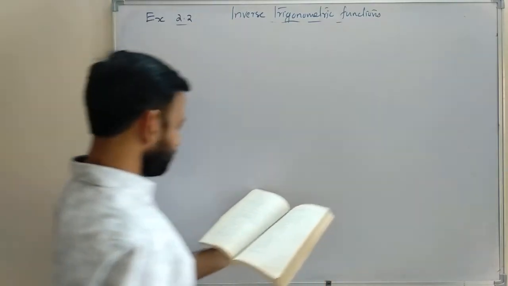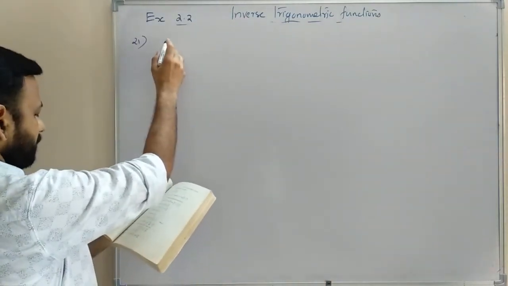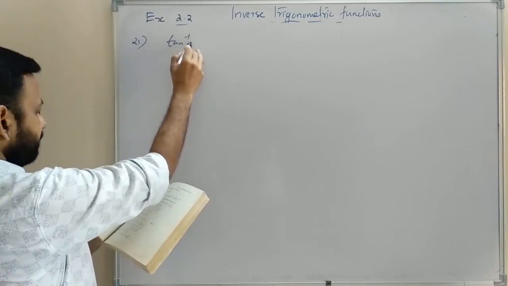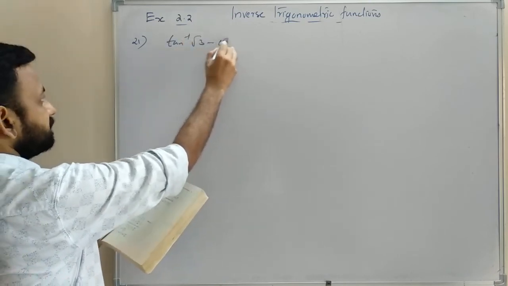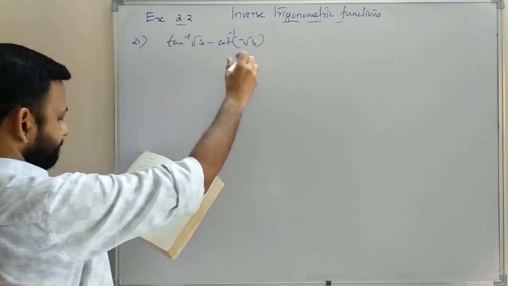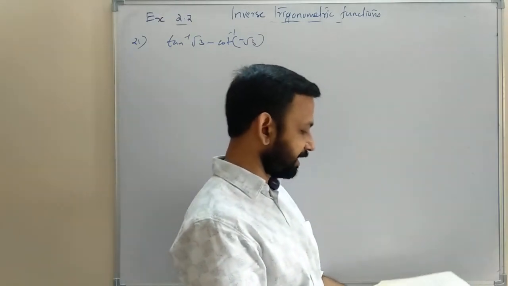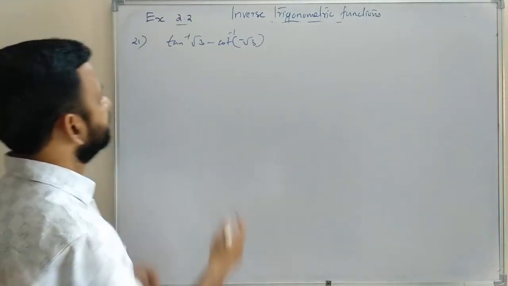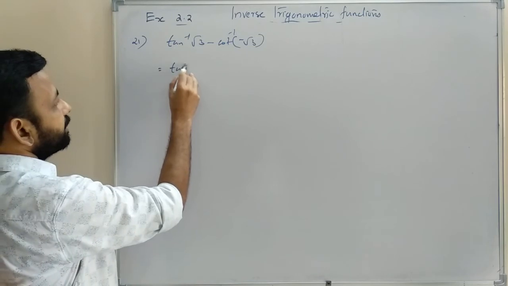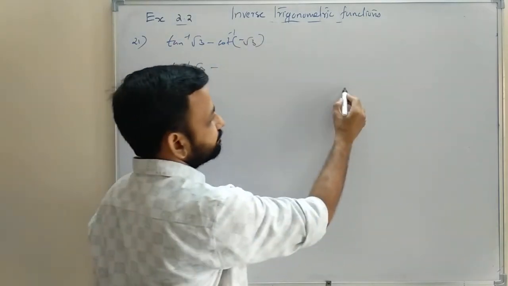That is question number 21: tan inverse root 3 minus cot inverse minus root 3. So we need to find the value of this function. That is equal to tan inverse root 3 minus cot inverse minus theta.